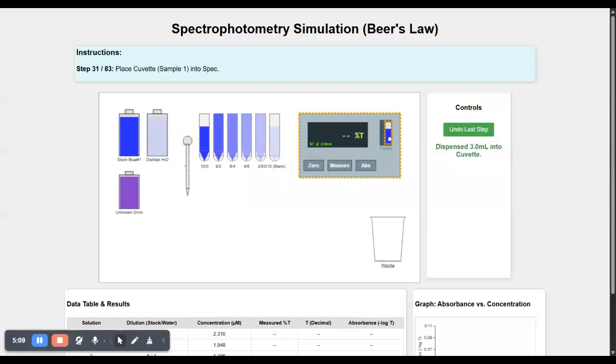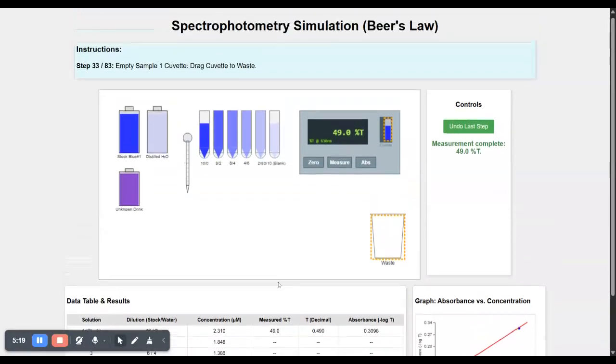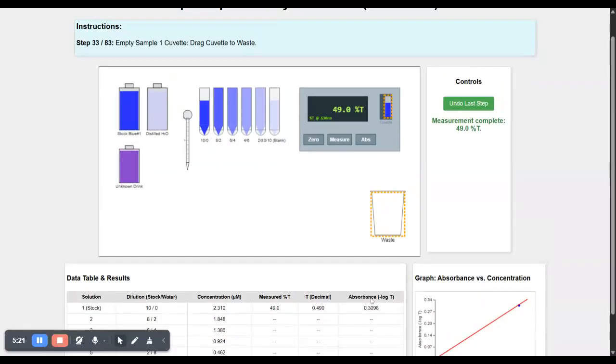Now we're going to place it in again. Instead of clicking zero, we're going to click measure. See, now we have placed our first dot on our graph, which is 49.